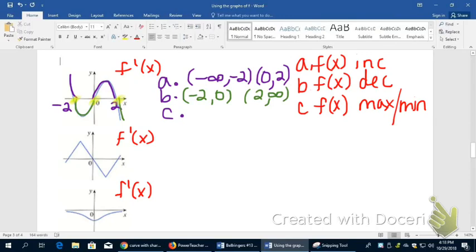You have to figure out if it goes above the x-axis to below or below the x-axis to above. And so in this case, in the first graph, there's going to be a maximum at x equals negative 2 and x equals positive 2, because the f prime of x is changing from positive to negative, meaning that f of x is increasing to decreasing. There's going to be a minimum at x equals 0.